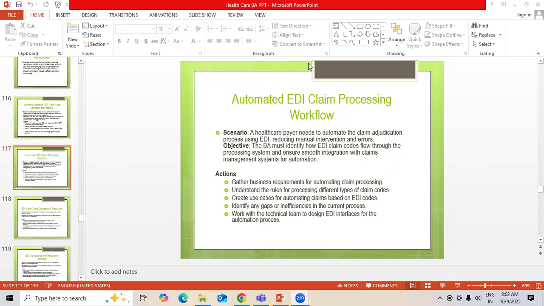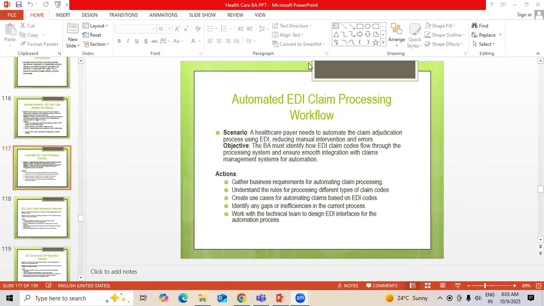Followed by this, we have to ensure smooth integration with the claim management system for automation. This is the objective as a business analyst we have to know, because when we want to perform any kind of actions in this regard, it is important to understand the objective behind it.